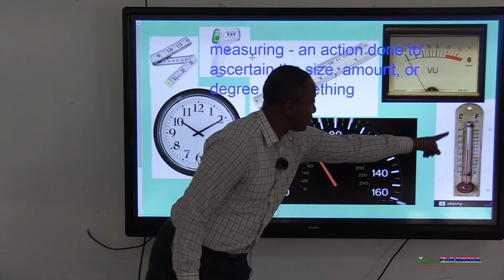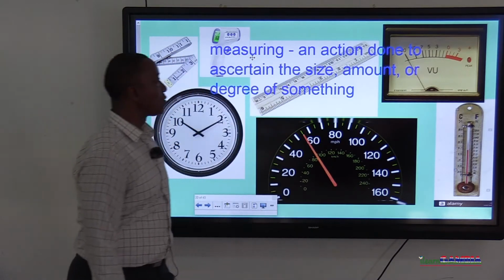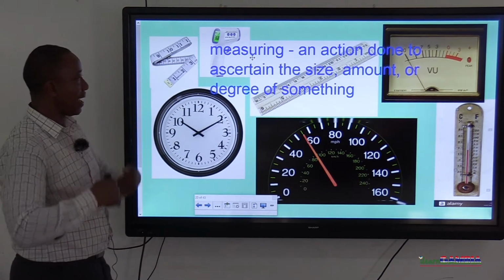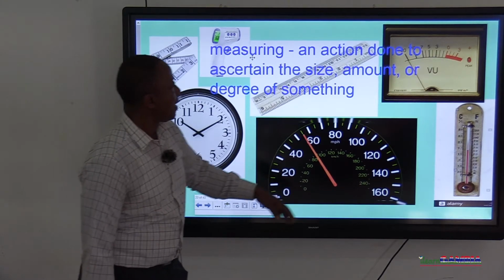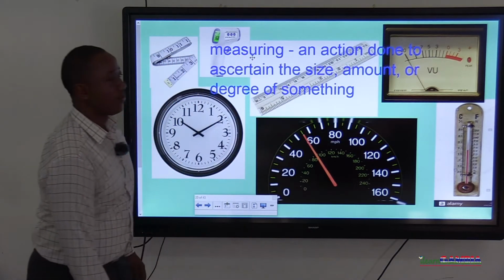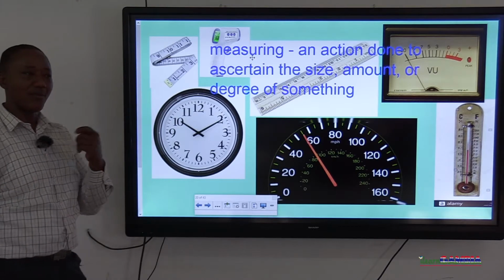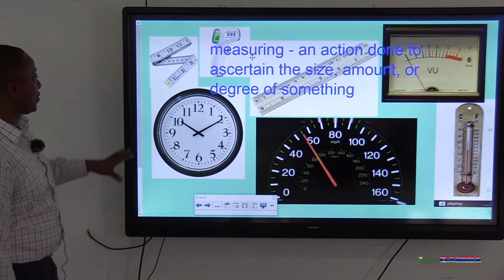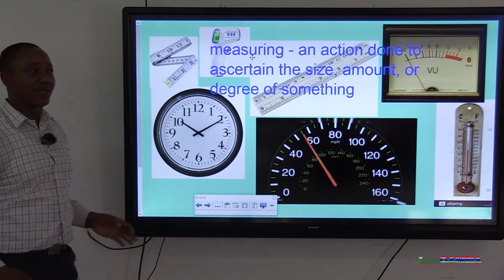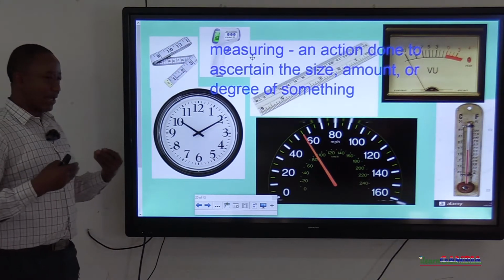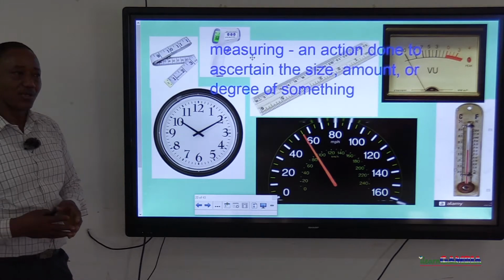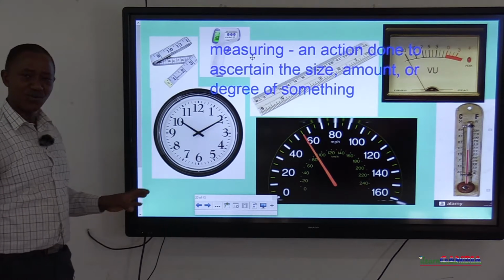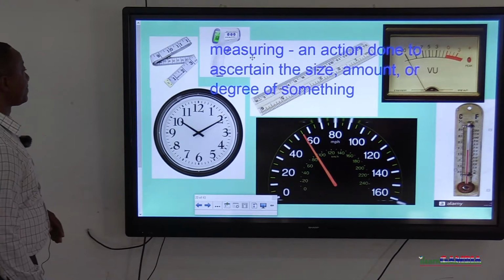A thermometer, usually this is what you have in the homes, so I can measure the temperature inside of the place. And this one is usually for measuring the amount of voltage in electrical gadgets. So for measuring, it's simply tools or the action that we're doing so that we can be sure of the quantity of something that we have.